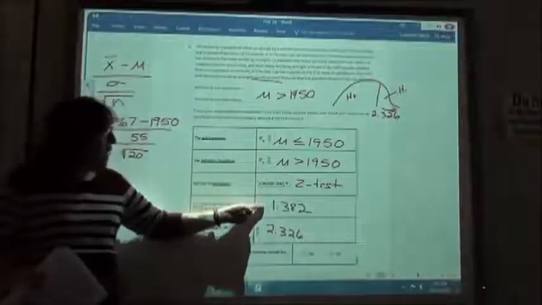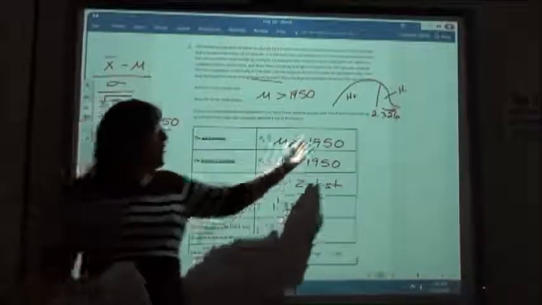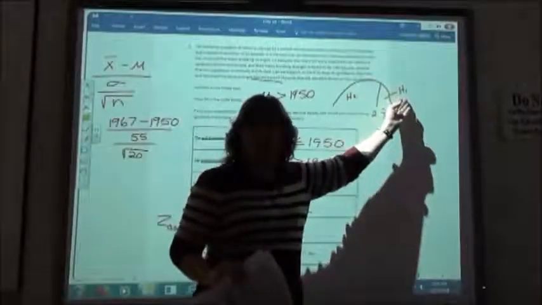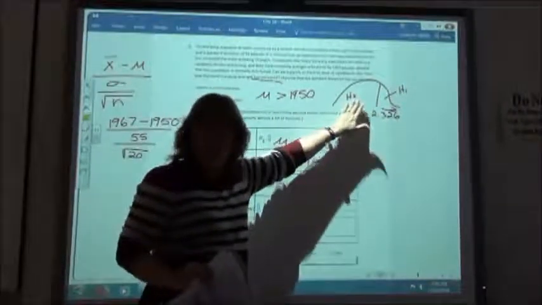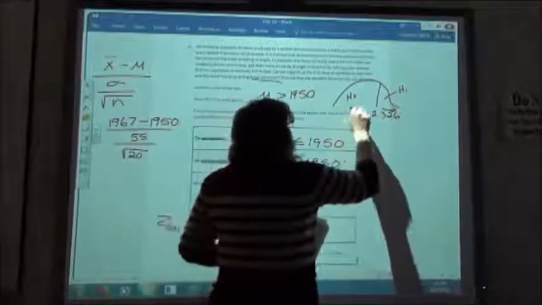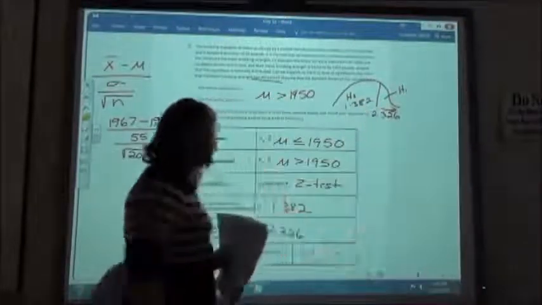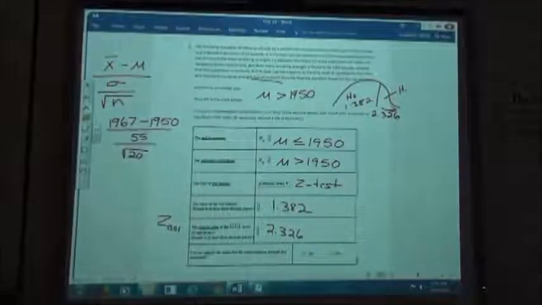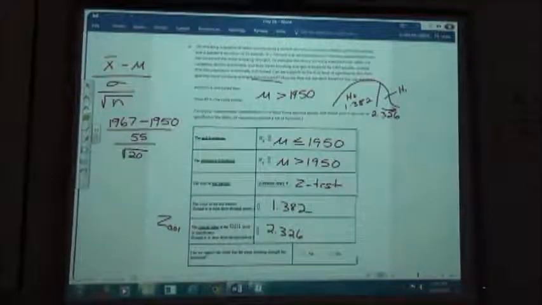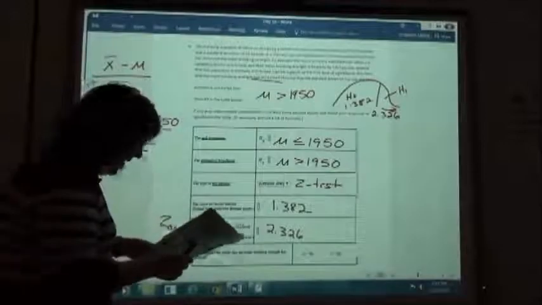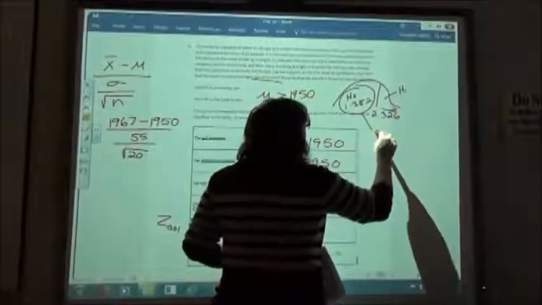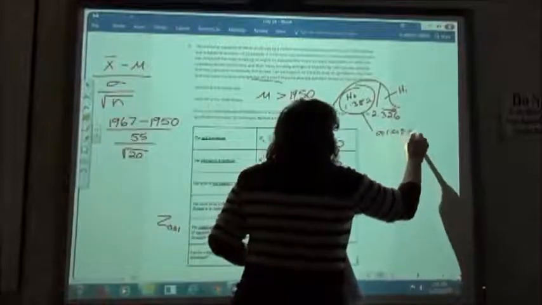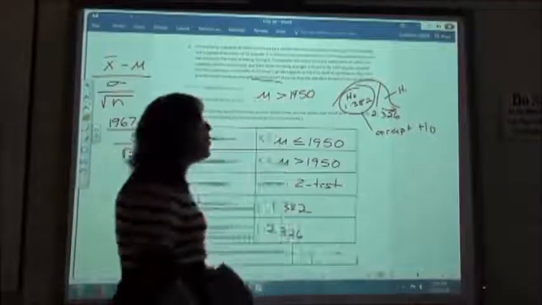This is my test value. Does the test value fall in the null section or the alternate section? Well, since it's less than this value, it's going to fall in this section. 1.382 is going to be over here on that side, right? Because it's smaller than my 2.326. So, since this is where my test is, I have to accept whatever my null statement was.